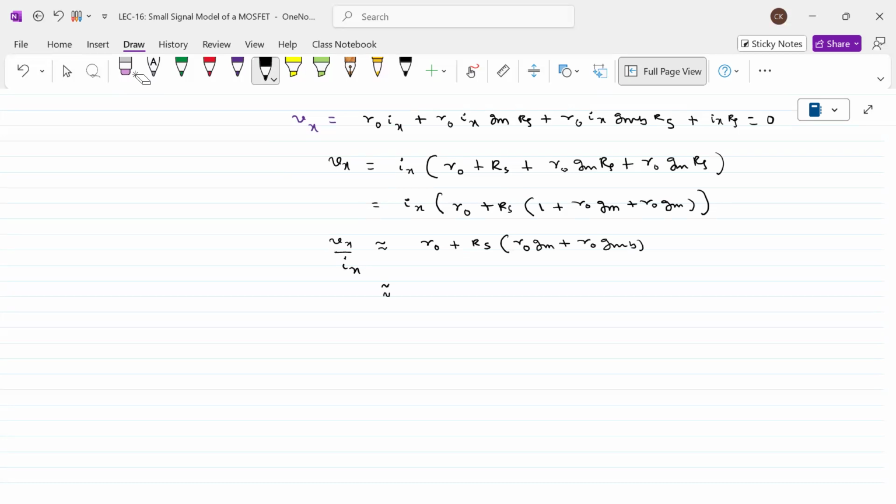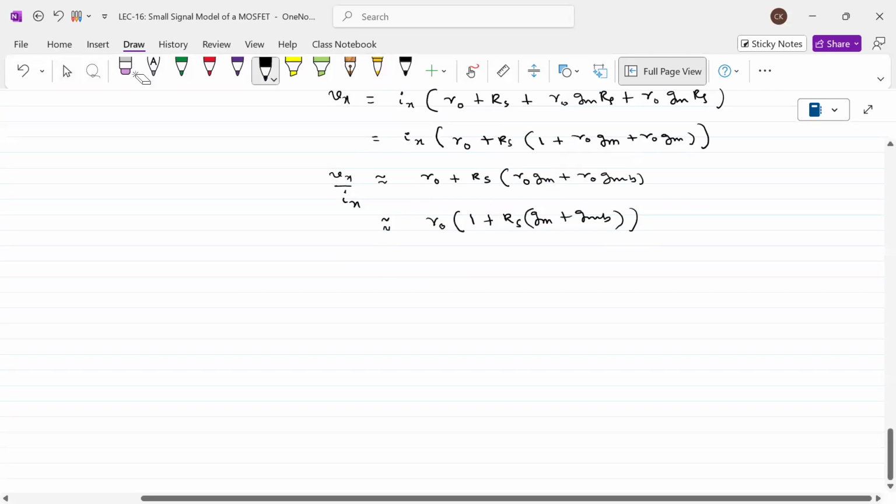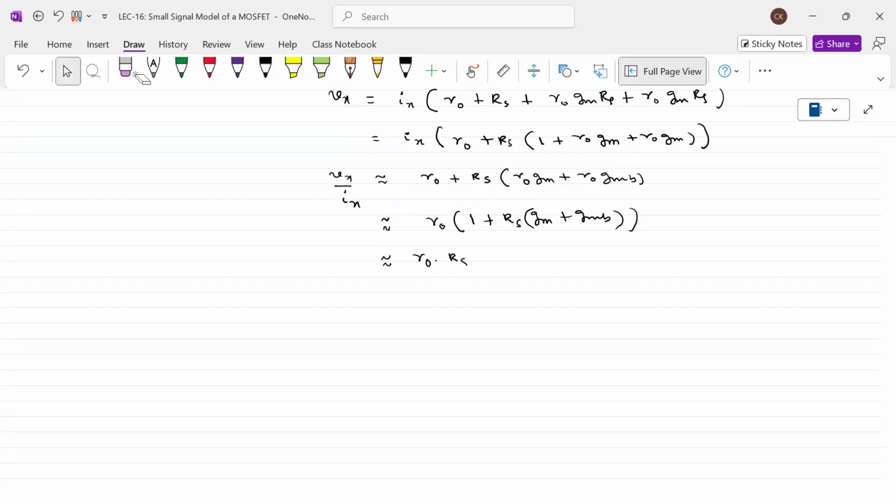This is approximated as R naught, keep it aside, 1 plus Rs into Gm plus GMB. Here also 1 can be neglected. Therefore, R naught into Rs multiplied with Gm plus GMB. Yeah, this is what I can say.